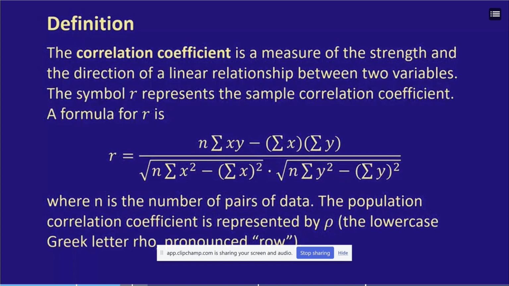And in the denominator, we have the square root of N times the sum of the X squares minus the sum of the X's, quantity squared, times the square root of N times the sum of the Y squares minus the sum of the Y's, quantity squared, where N is the number of pairs of data. The population correlation coefficient is represented by rho, the lowercase Greek letter rho. The sample correlation is represented in the formula by the letter R.